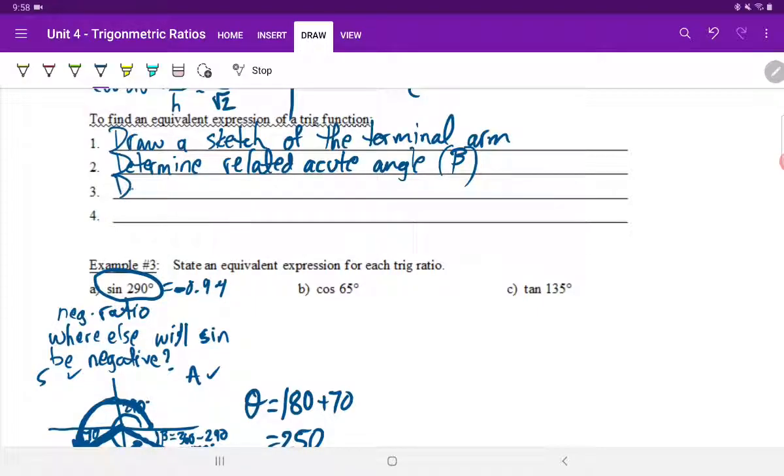So determine whether there is a negative or positive ratio given.